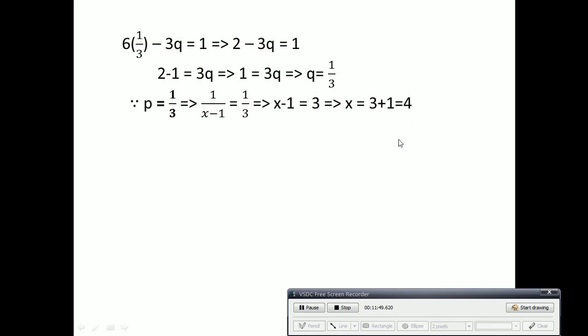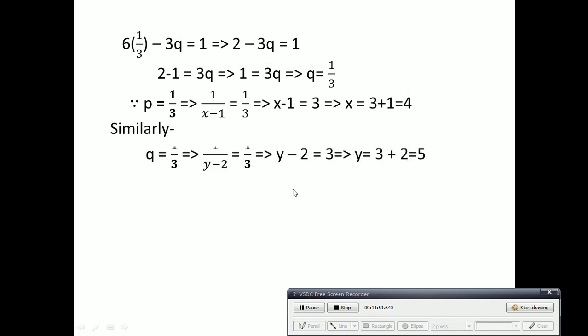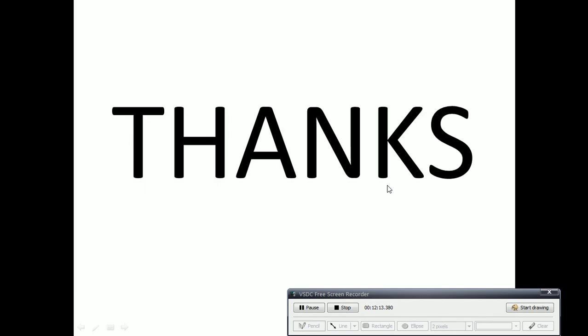So value of x is 4. Similarly, we can take the value of q. Q is equal to 1 by 3 and q was 1 by y minus 2, as we assumed initially. So 1 upon y minus 2 equal to 1 by 3. Taking reciprocal both sides, y minus 2 equals 3, so value of y is 5. Is it clear, students? Thank you very much.